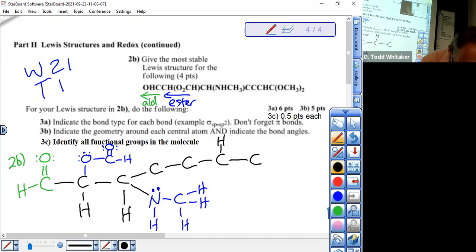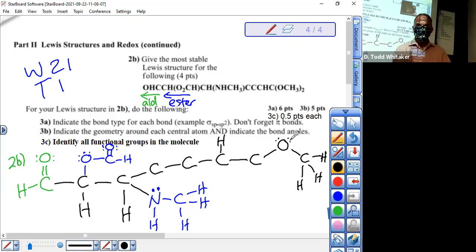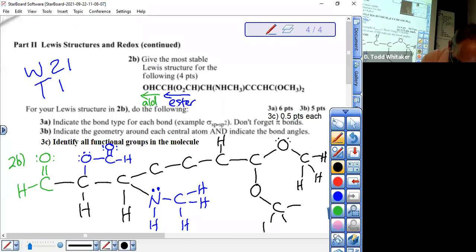Goes to a C that's got an O bonded to a C with 3 H's. Remember, show every bond. That's one of the OCH3s. The other is attached to the same carbon. That's what parentheses mean. Duplicates. Don't attach them to each other.